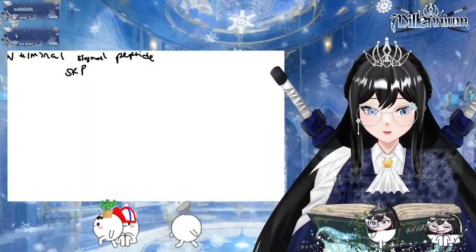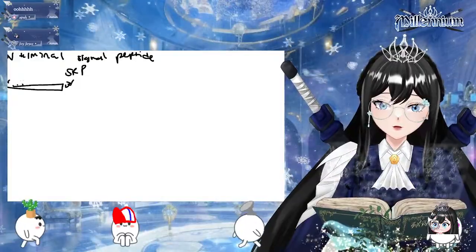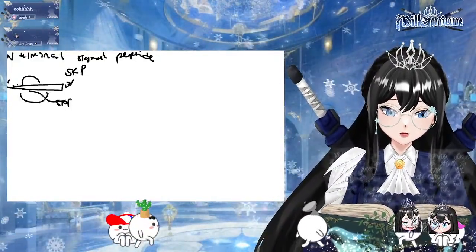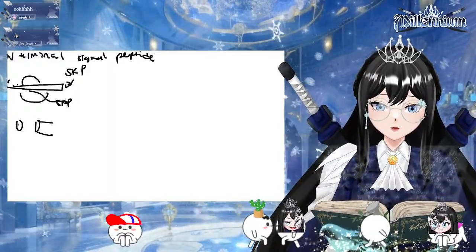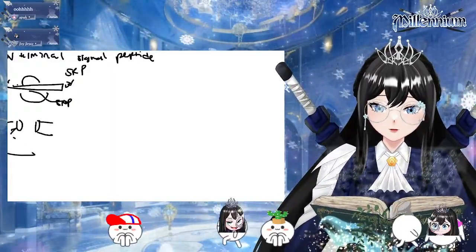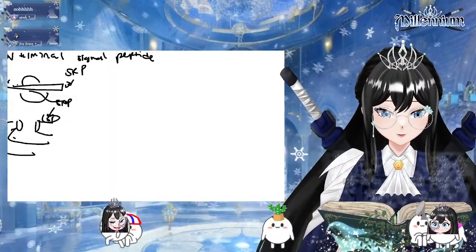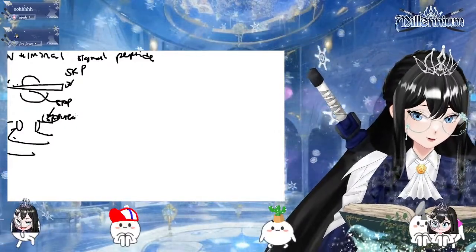And the way that looks is you have 5', 3'. It is made here, and the new protein has the SRP. And then you have the ER here, ER lumen. I will just draw it like that. SRP will go to the SRP receptor. And that's how it starts.